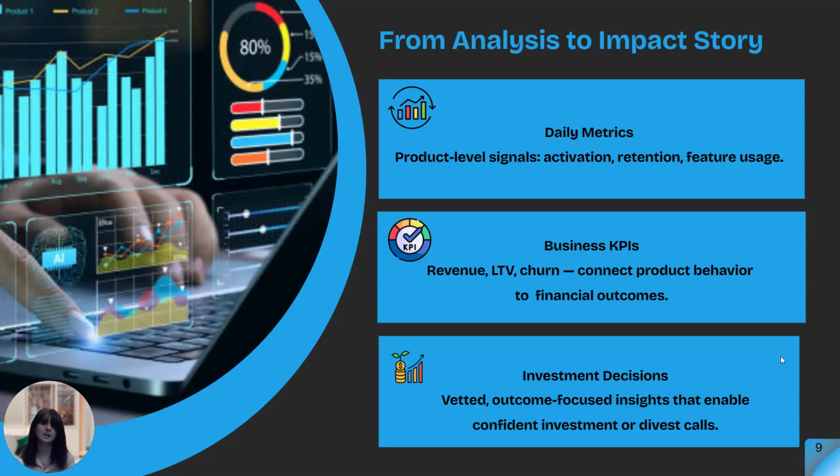Business KPIs include returns and customer churn. Finally, we aggregate that information to make investment decisions. These are vetted, outcome-focused insights that enable confident calls to invest or even divest.